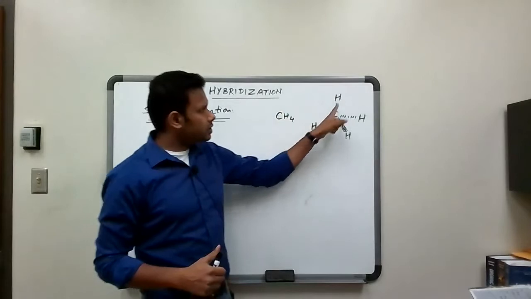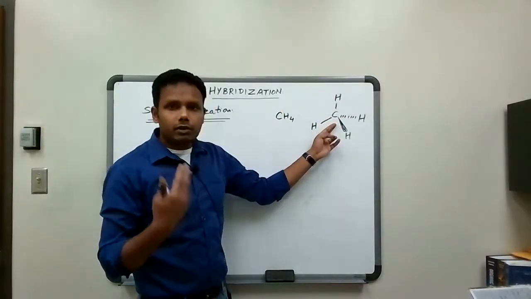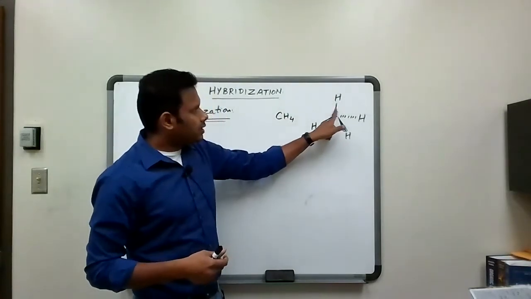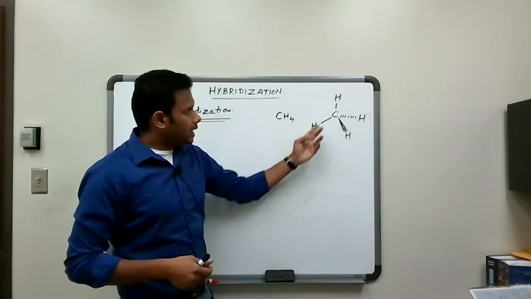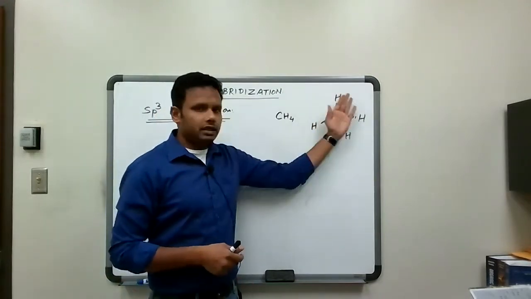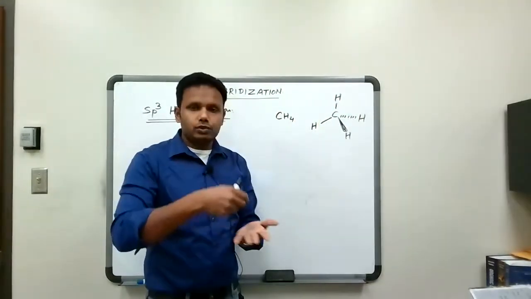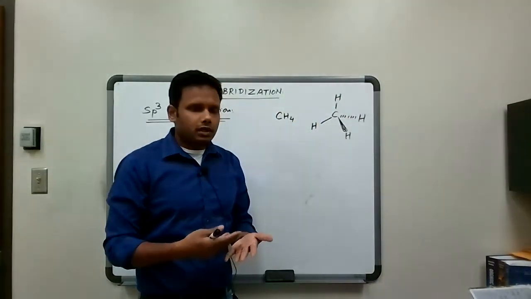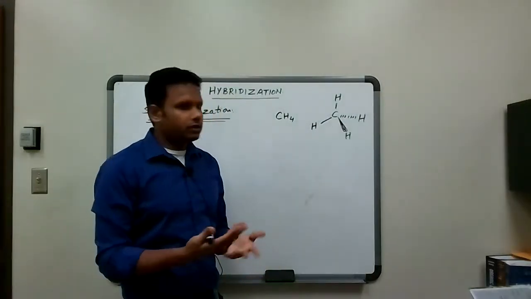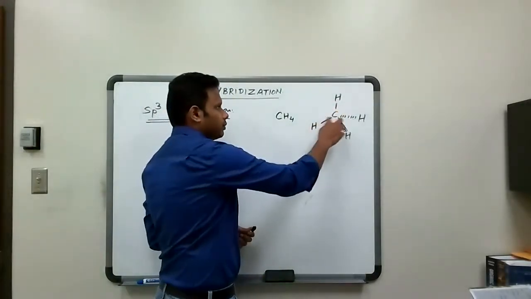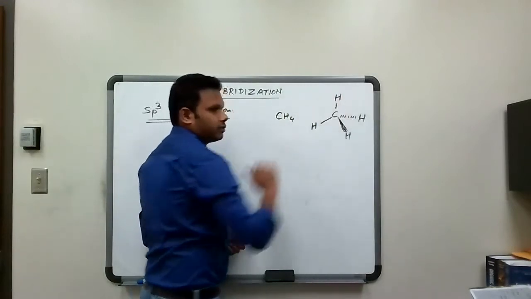In organic chemistry, when we draw a structure like this, any bond that's a straight line bond is in the plane of your board, or when you draw it on paper, in the plane of your notebook. So these two straight line bonds are in the plane of the whiteboard.